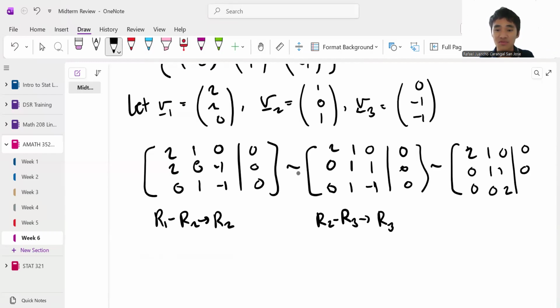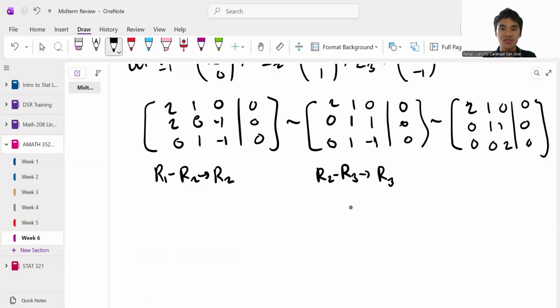This is 2, 0. And from there, we can do back substitution. So we say alpha 3, or in this case, oh, look at that. What do we notice? It has a pivot in every column, this augmented matrix.